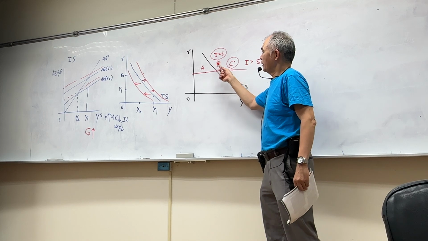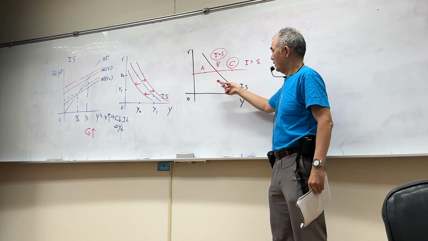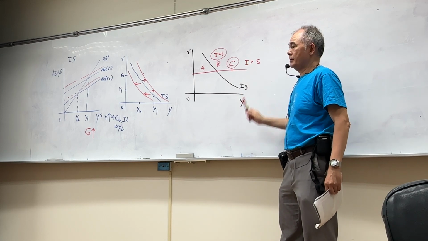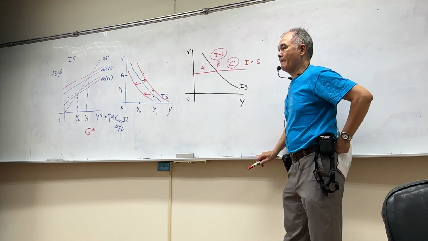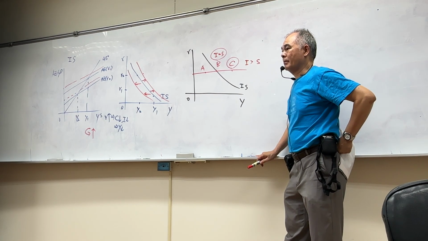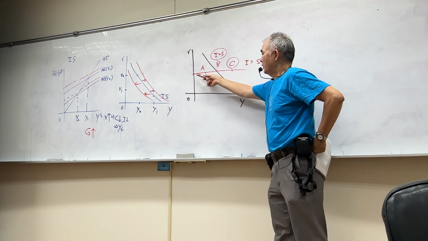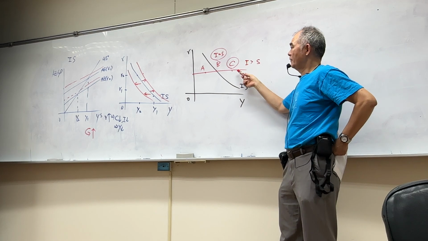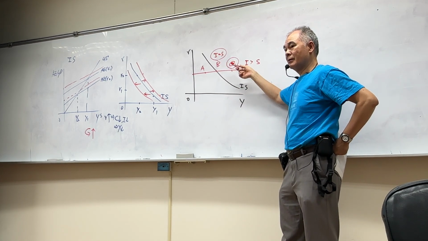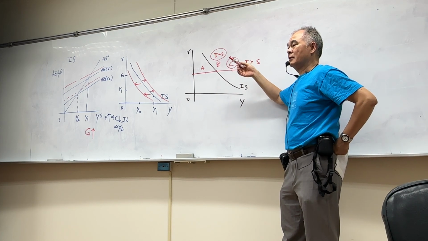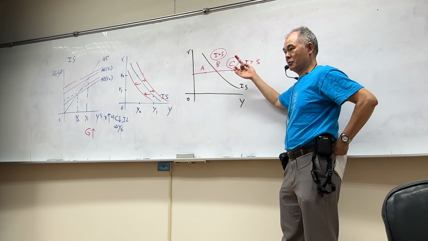At this point we already have the investment, so investment should be fixed. So what would be the difference in the relationship here? Investment at this interest rate level is the same for A, B, and C. But C has higher income, so it has more income and doesn't spend that much.